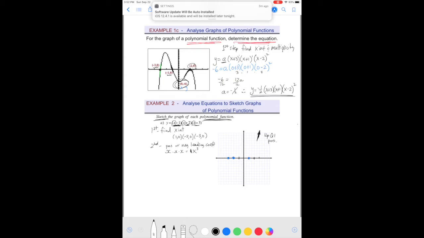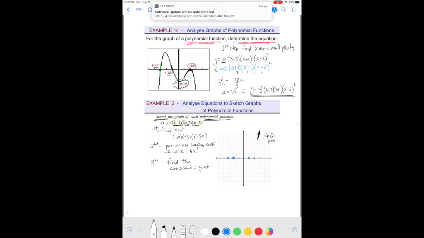The other thing we want to do is find the constant, which is the y-intercept. To find the constant, we just look at the numbers in the brackets. So we have negative 1, plus 2, and negative 3.